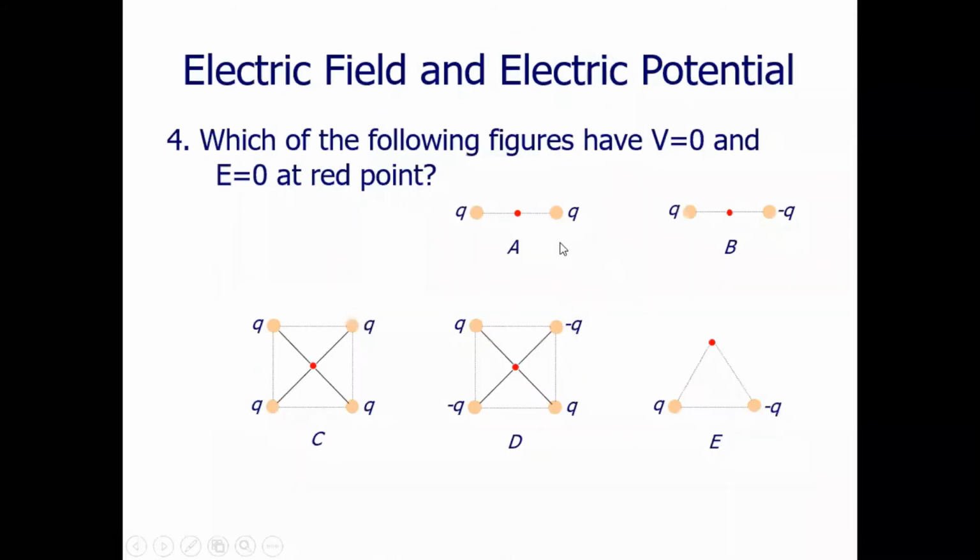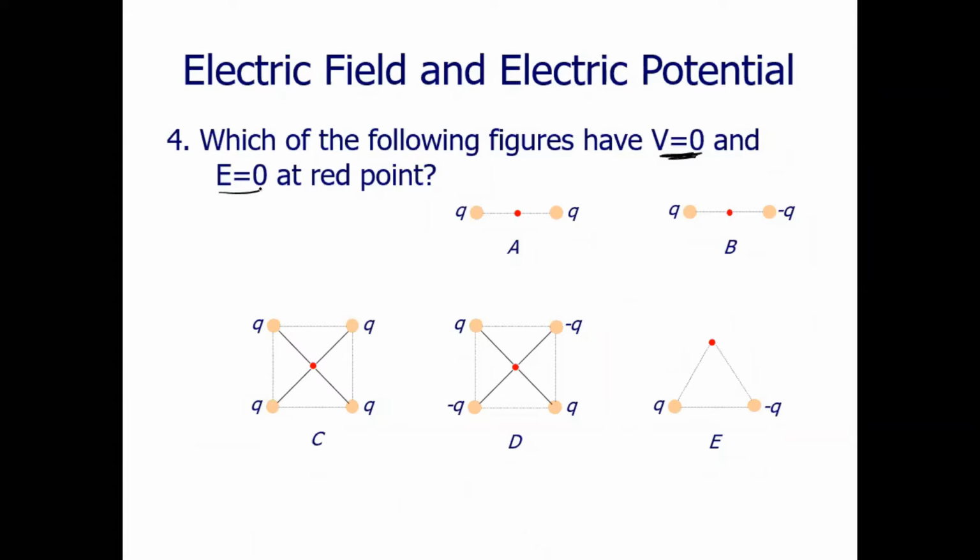I have a question here. Which of the following figures have potential 0? I think this is quite a very, very good question. Which of the following figures has V equal to 0 and E equal to 0 at the red point?